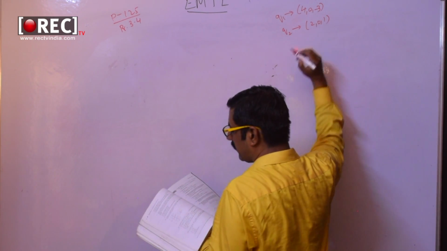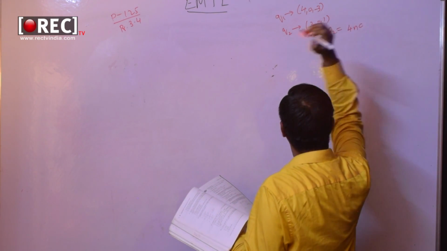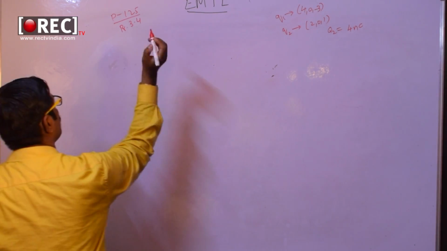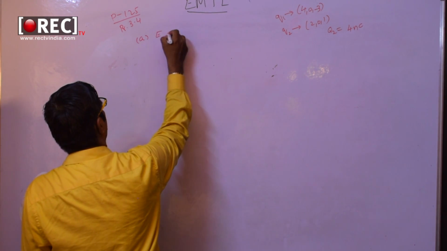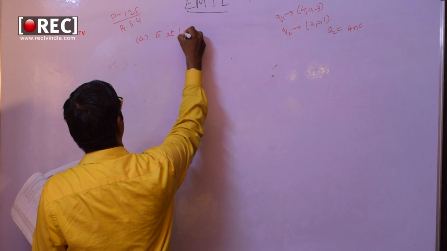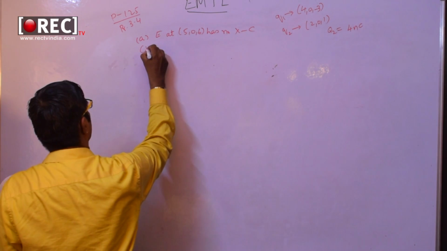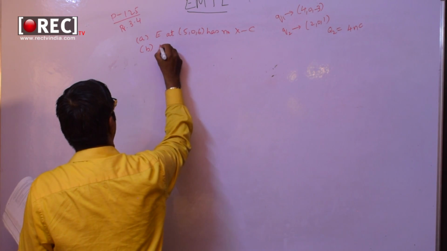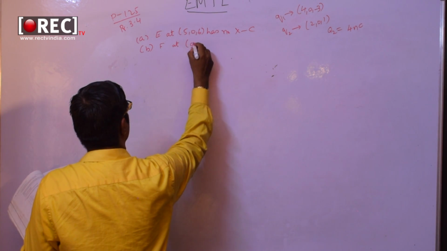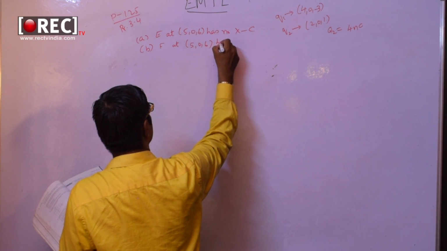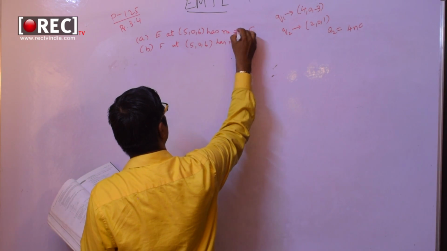Okay, and Q2 is 4 nanocoulomb, and he is asking us to determine Q1 such that the E at 5, 0, 6 has no x component, and he also says that the force on a test charge at 5, 0, 6 has no z component actually, and this is x component.